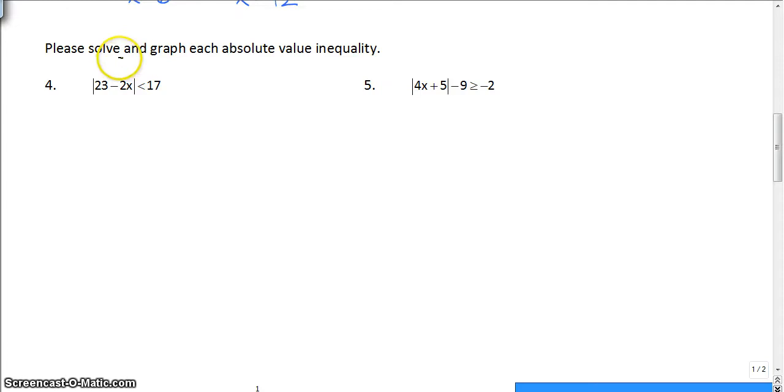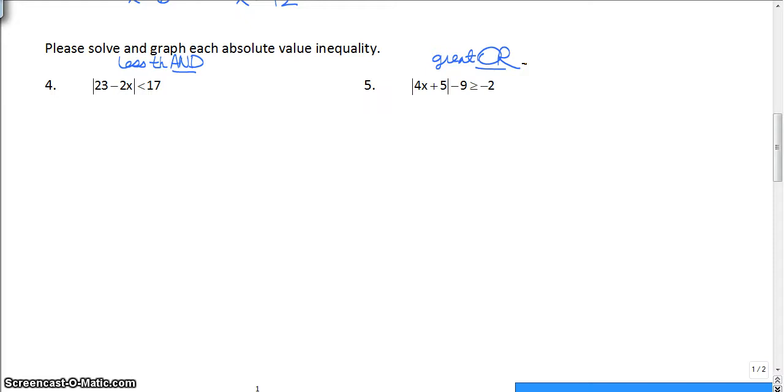Anytime it's a less than symbol in an absolute value inequality, it's going to be an AND statement. For number 5, when it's greater, anytime you have a greater than statement, it is an OR statement.